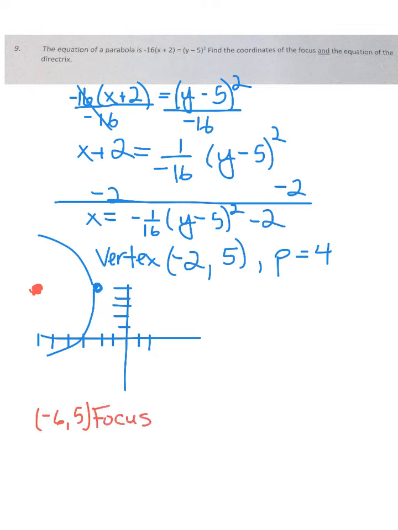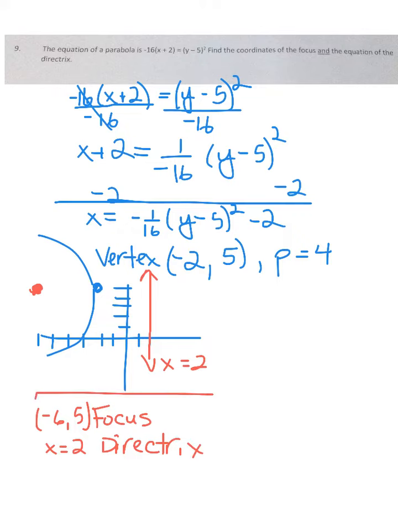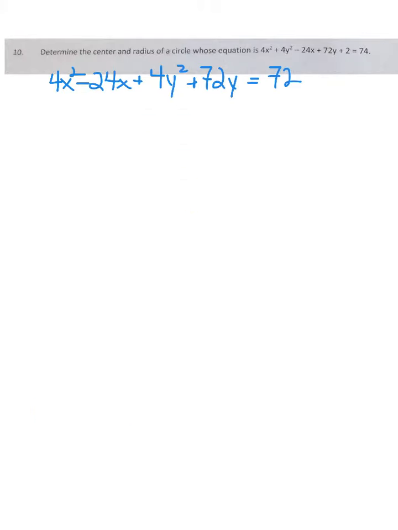And then if I go 4 units to the right of the vertex, that would give me my directrix, and that is x equals 2. So x equals 2 is my directrix. And here are your answers.